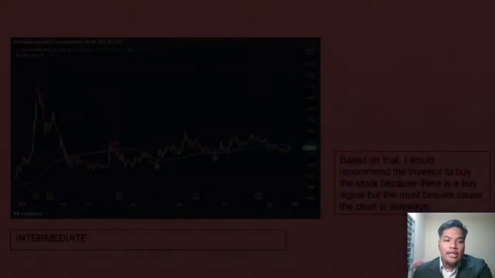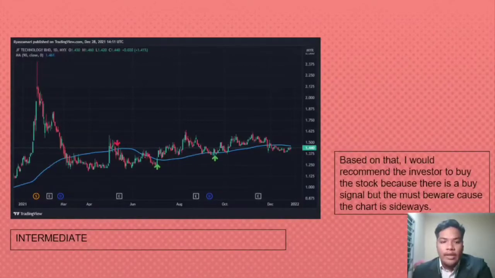For intermediate, we can see that in the early of May, they also start by bearish, but in the early of July, the bull signal has been shown, and the momentum also continued in the early of October.